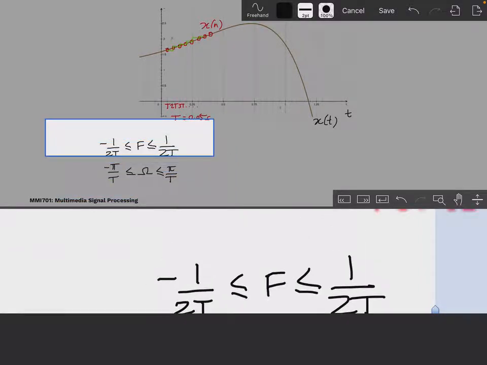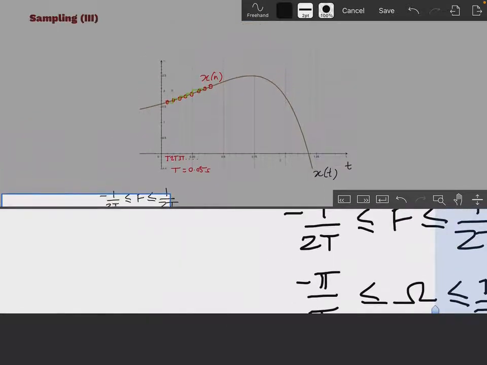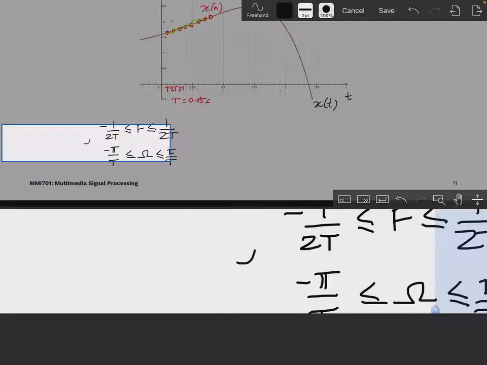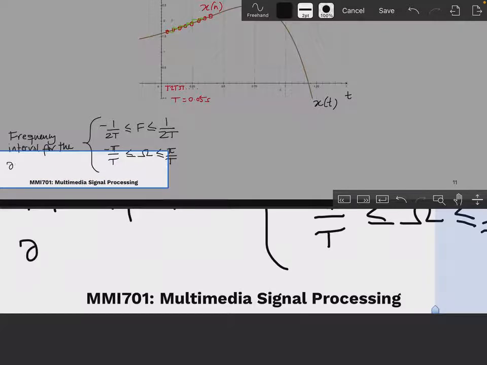So this is the frequency interval for the analog signal.